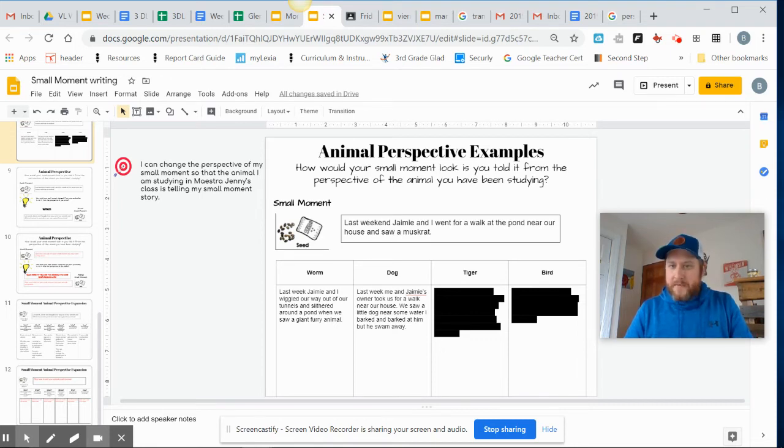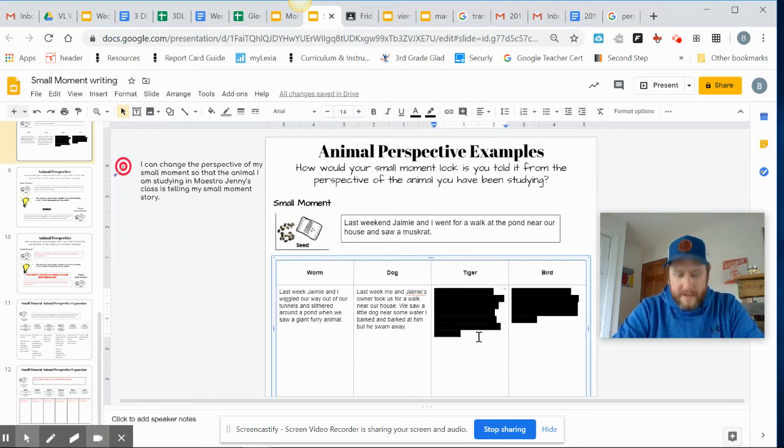Okay? And when we're walking, maybe we see that little animal, the muskrat, but since we're dogs, we don't know that it's a muskrat. I just think it's another dog and I'm barking and barking at it. So I take the exact same situation that I've been talking about and I just try to think about it as if I was a dog. Okay, we want to change how we're telling the story so it's from the animal's perspective.